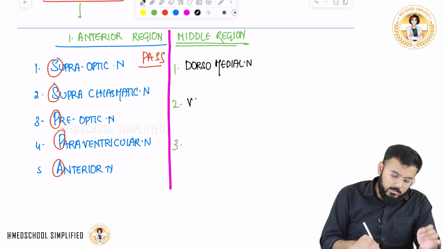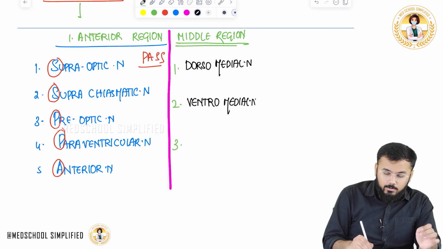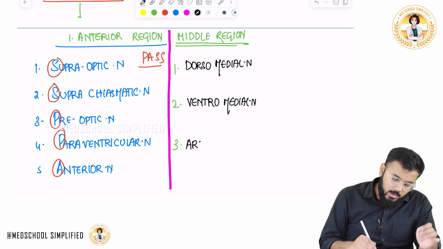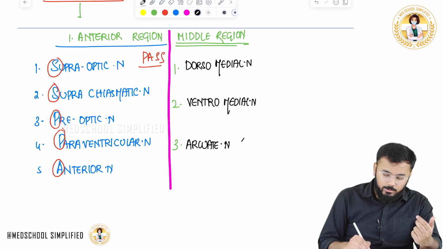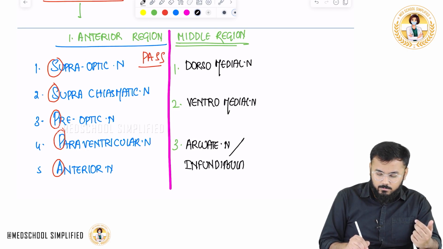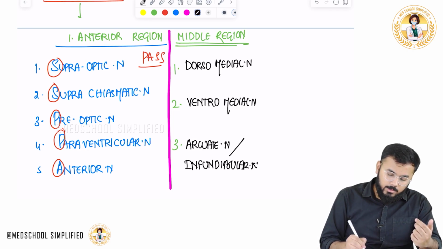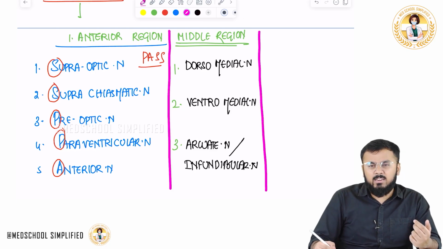Okay, next you have got is a ventromedial nucleus. And third one you call it as a arcuate nucleus. Other name for the arcuate nucleus is infundibular nuclei. Okay, so this is the nucleus that are located in the middle region.